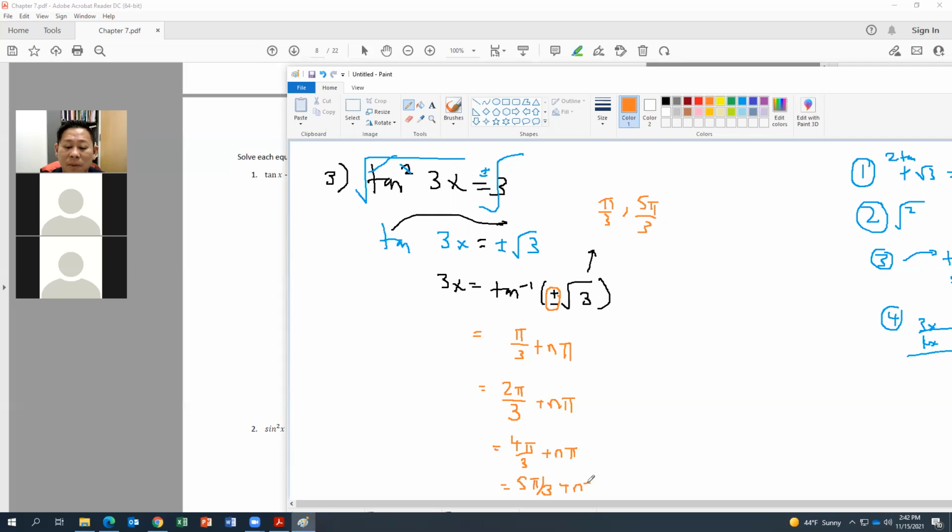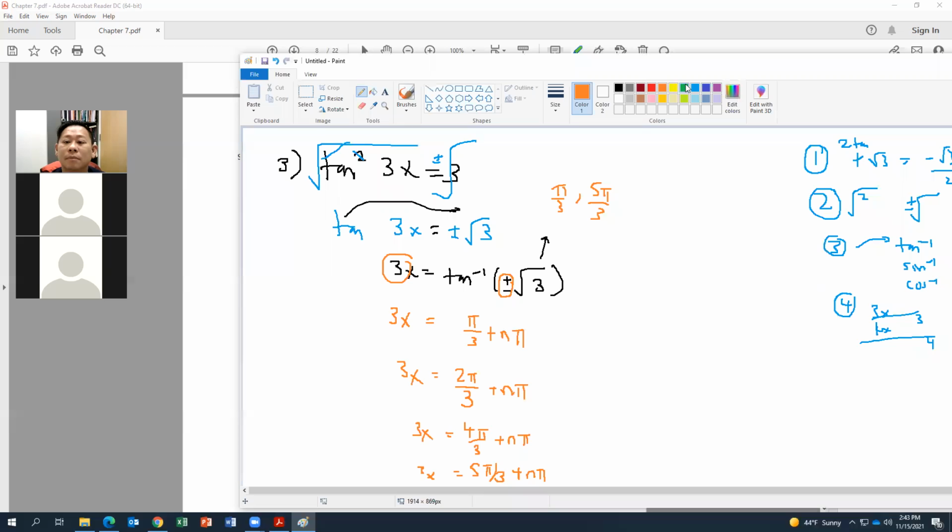But what you give me here, class, is not x, it is 3x. So what do we do? In order for you to solve for x, you have to divide everything by 3.